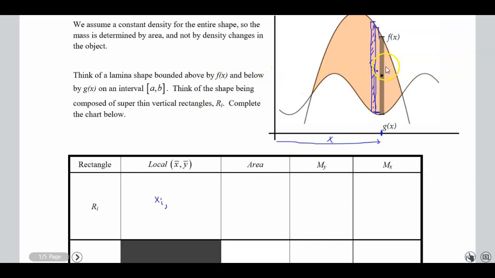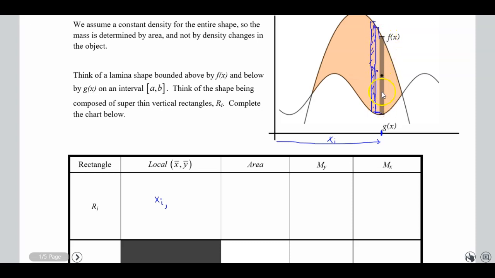For this one, I'm going to go a little bit further than just calling it yi. You can see, based on this f and g function, where that height is going to be. If we call this distance xi that we're going out here, we know this top function would be f of xi, and this bottom location would be g of xi. But what's right in the middle of that rectangle?